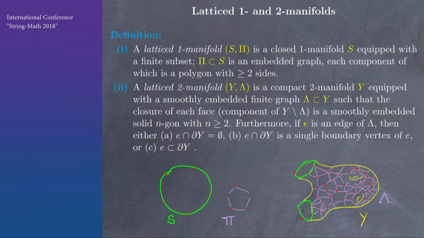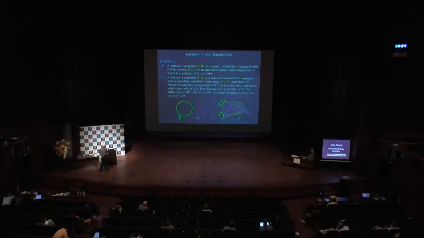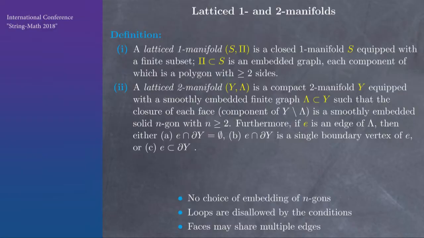And also it has to intersect the boundary nicely so that the boundary also gets triangulated. So that's what the definition says. And, well, so there are no loops in there, but faces could share multiple edges. Anyway, it's kind of standard notion of what a lattice is.